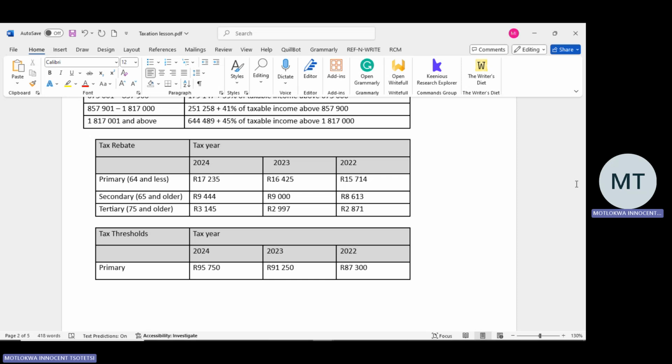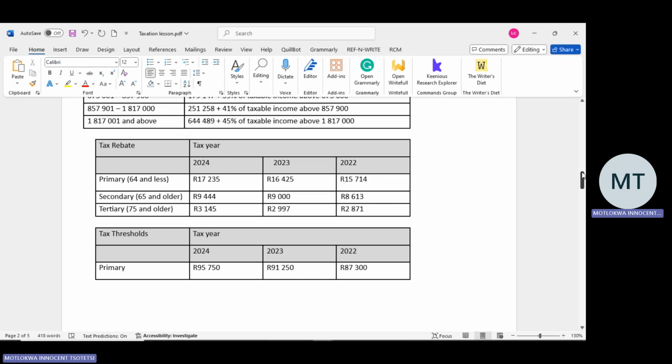But if you are above 75 years old, you qualify for primary, secondary, and tertiary. As we can see, Mr. Johnson qualifies for 2 rebates, which are primary and secondary, because he is a 66-year-old. He has passed 64 years and he has also passed 65 years.